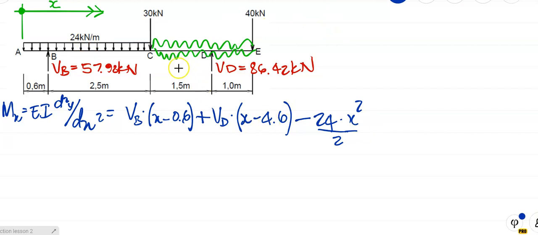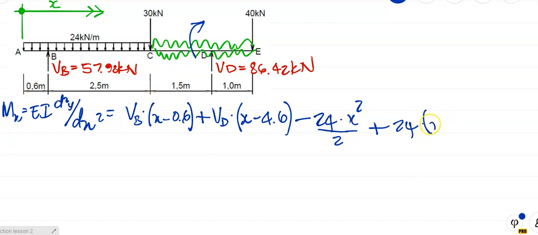Right, plus, now remember that load is from there to there. We still need to account for this piece here, plus. Why is it plus? Because that piece of load is acting clockwise with respect to E. So it's plus 24. And what's the length of that load there? It is x minus 3.1.